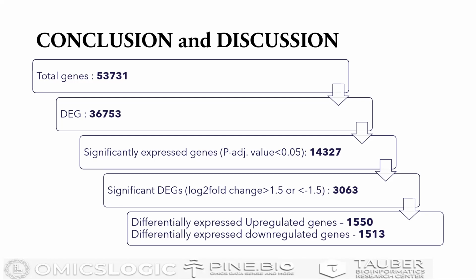And on applying a further filter on log2 fold change of more than 1.5 or less than minus 1.5, I was left with 3063 significant differentially expressed genes. And I got 1550 upregulated genes and 1513 downregulated genes from the significant differentially expressed genes.